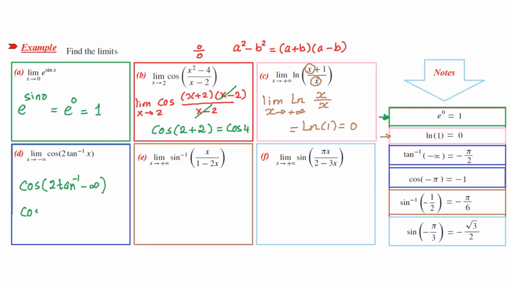So we have cosine of 2 multiplied by negative pi over 2. Simplify by canceling 2 with 2, you will get cosine of negative pi, which equals negative 1.